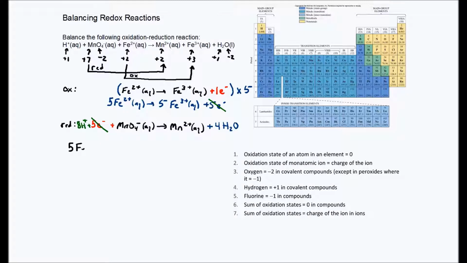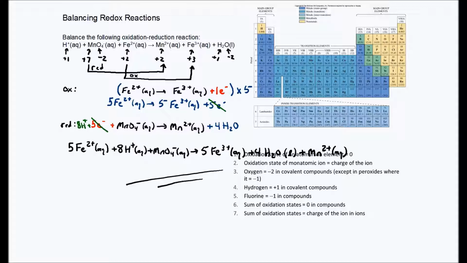5 Fe2+ aqueous plus 8 H+ aqueous plus MnO4- aqueous forms 5 Fe3+ aqueous plus 4 H2O liquid, oh yeah, plus 1 Mn2+ aqueous.